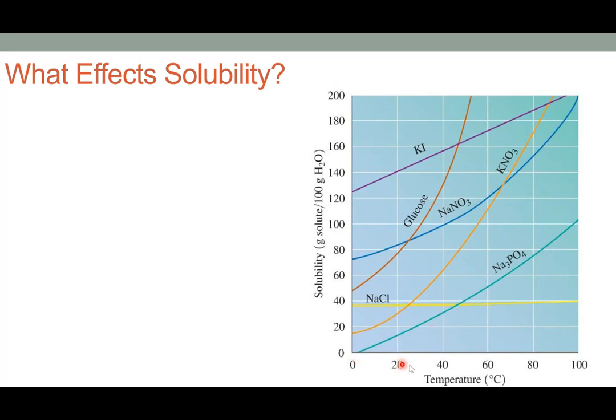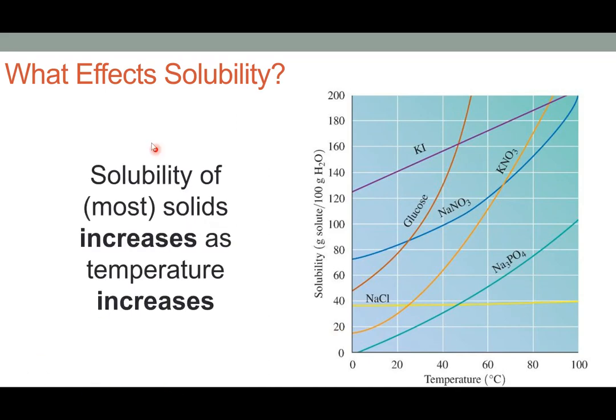And what we see is as we increase the temperature, for all of these, the solubility goes up. So we see positive slopes for all of these. So that tells me that the solubility of most solids will increase as the temperature increases.